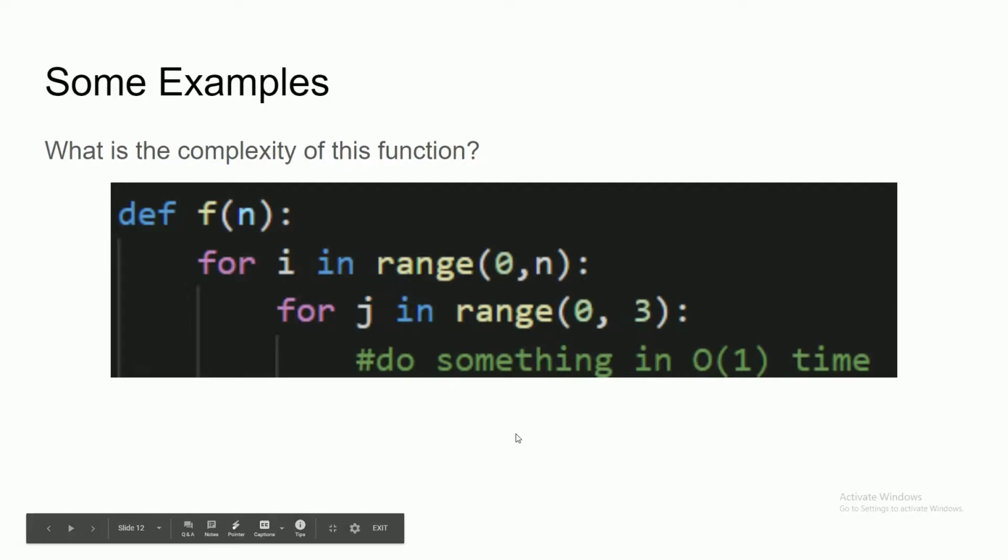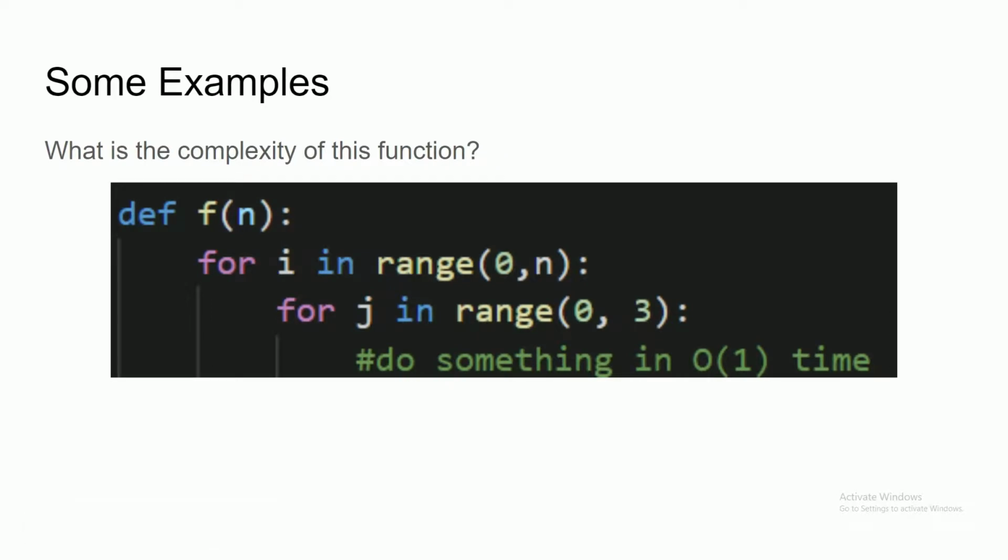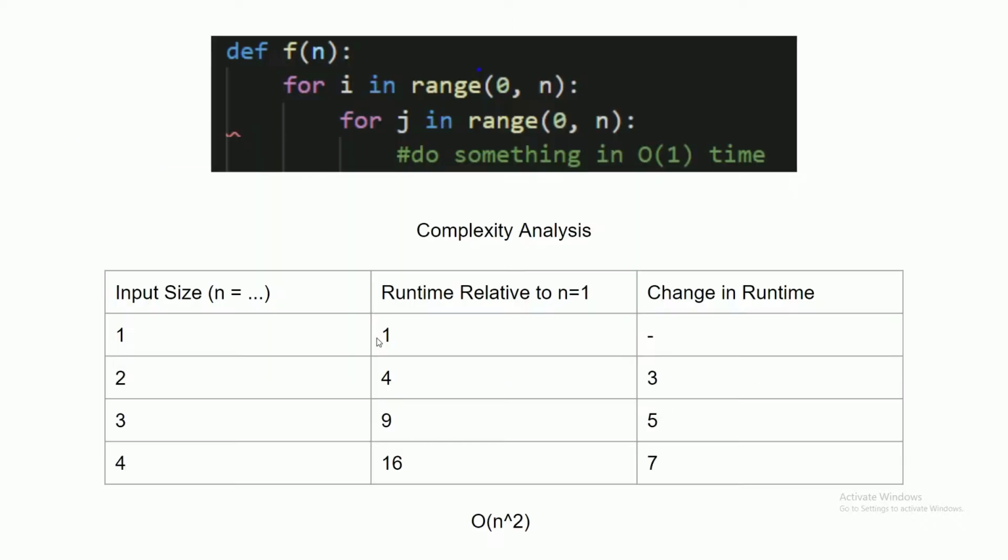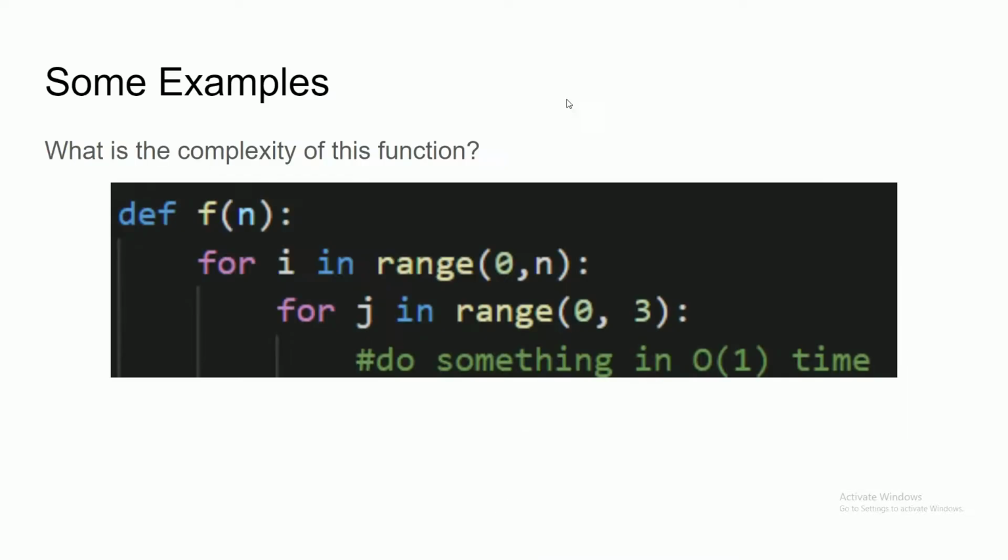Now we have another nested loop as an example here. It's a little bit different, and the changes here are worthy of noting. From our previous function, we have a nested loop, and the inner loop runs n times and the outer loop runs n times. But for this new function, our outer loop runs n times again. However, our inner loop runs only 3 times.